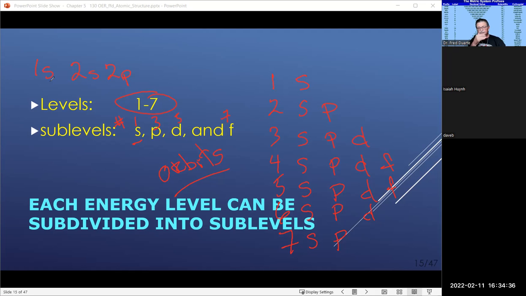Now let's take it one step further, one more bit of information. I mentioned up in here that there's only 1 S, 3 Ps, 5 Ds, and 7 Fs. Now, every orbit, regardless of what it is, S, P, D, or F, can only hold a maximum of 2 electrons, okay?